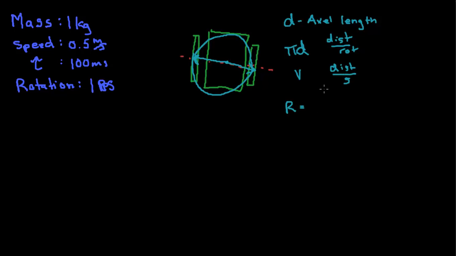So the rotation speed is very simply 1 over pi d, which is rotation per distance, times v, which is distance per second, which gives you rotations per second.